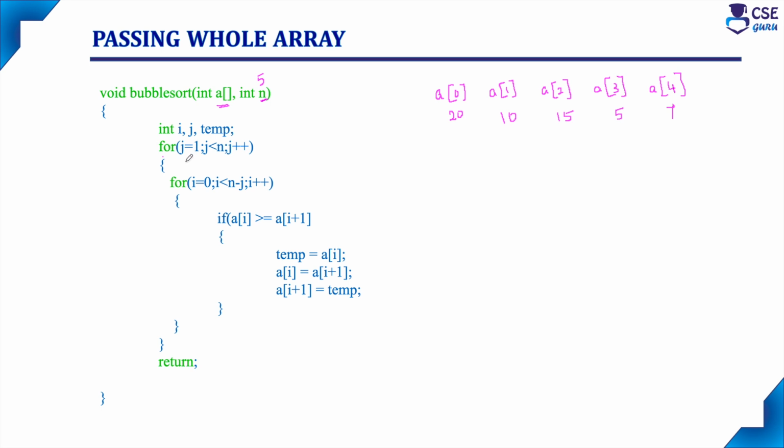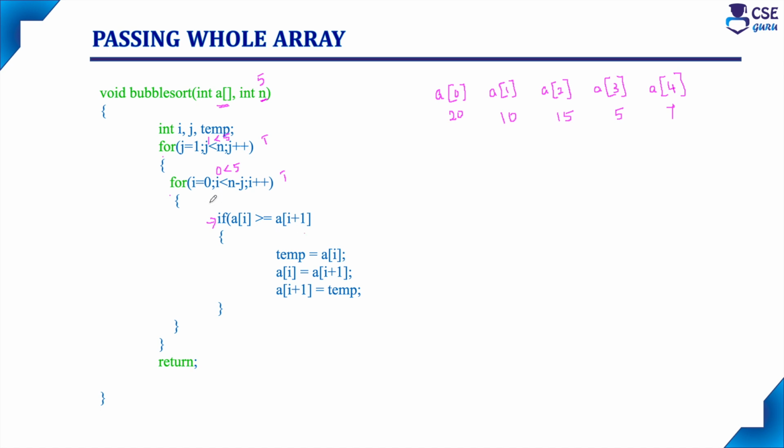So initially j value is equal to 1. And 1 less than 5, condition true. And the control will be transferred to the inner for loop. Inner for loop i equal to 0, 0 less than 5, condition true. Okay. And then control will be transferred to this if statement: if A of i greater than or equal to A of i plus 1.